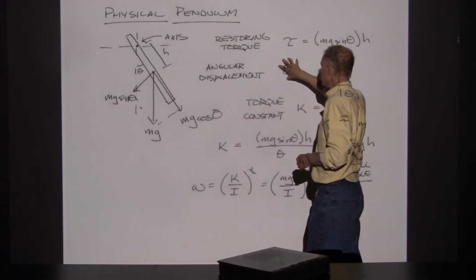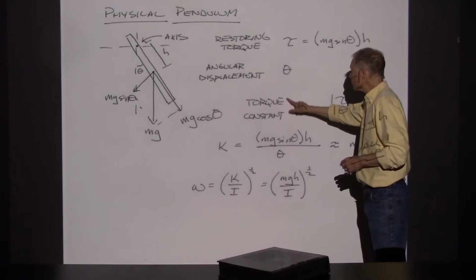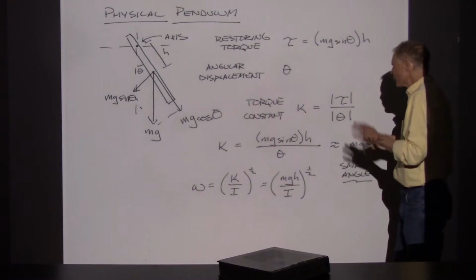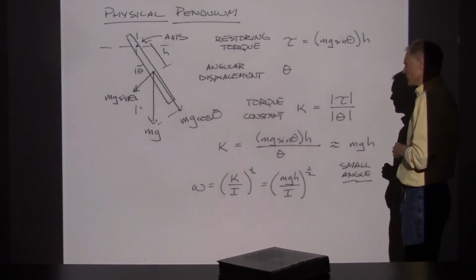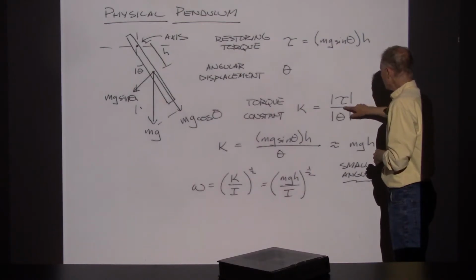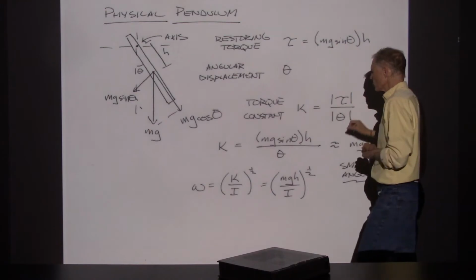Now it works out that we can define a torque constant, and for this I'm using a big K, a Greek kappa. This is torque divided by theta, similar to before.